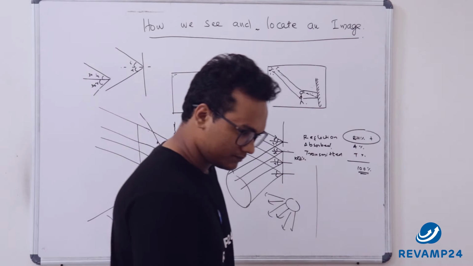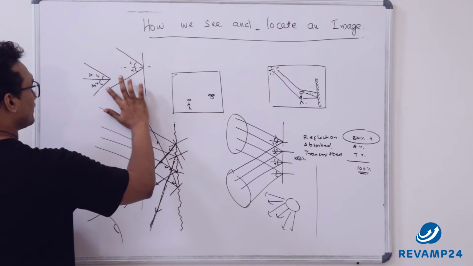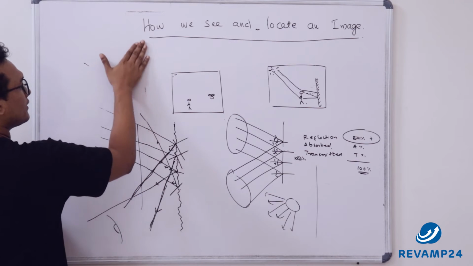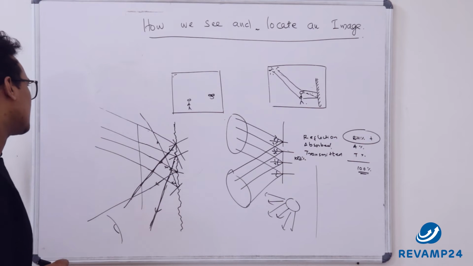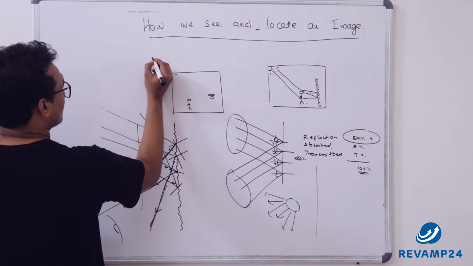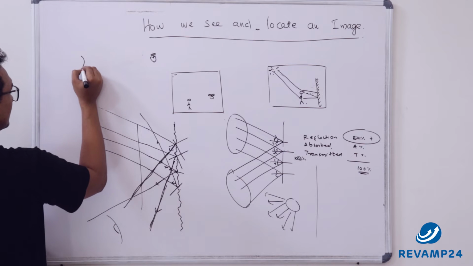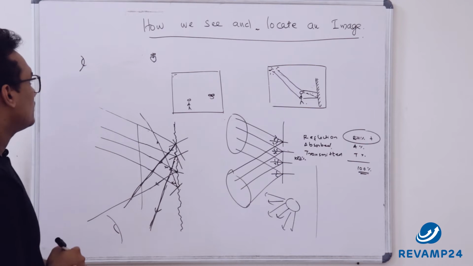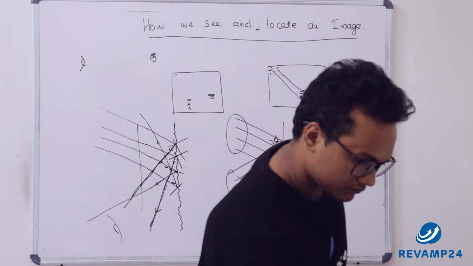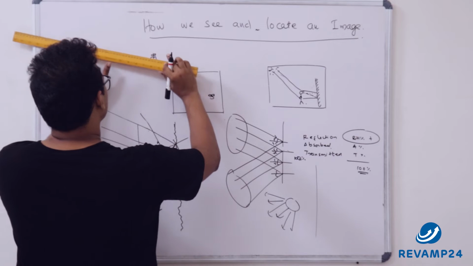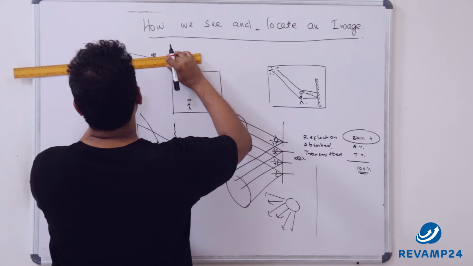Now at the same time, how are we able to locate an image? So this is how we see an image. Now when we have an apple here, and our eye here, we are able to see the apple because one ray from the source reaches the apple and is reflected in one direction.